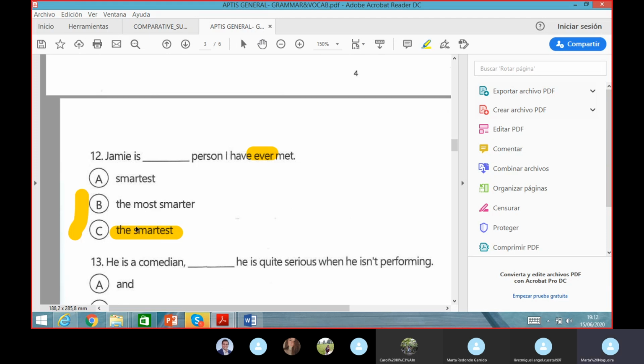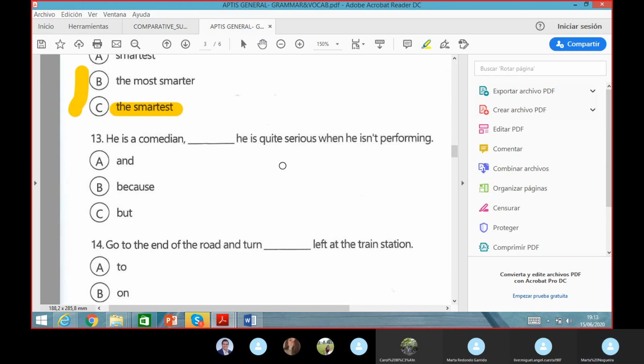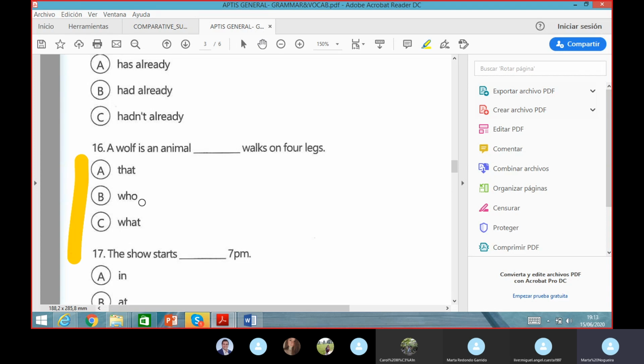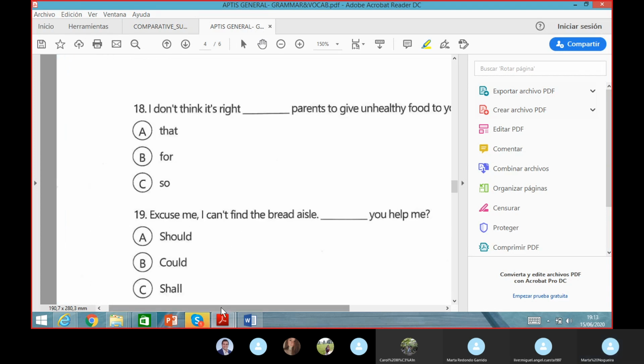Esto, claro, parece, comparativos y superlativos, chupao. Vale, pero me tengo que saber bien la regla porque luego el día del examen, ya sabéis que os preparo psicológicamente, tengo 30 segundos por pregunta, no me da tiempo a pensar mucho. ¿Vale? Entonces tengo que verlo y decir, ah, pues the smartest, ya está. ¿Vale? No sé si entró algo más de esto. Entraron los relativos, aquí que esto lo veremos.